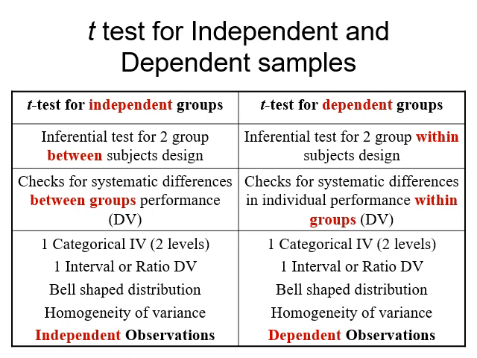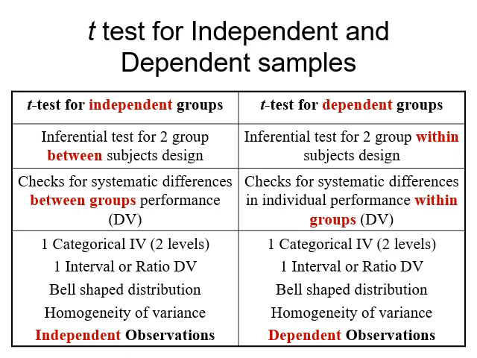We do want to check for systematic differences between the group performances, the DV, so we're looking for simply the difference between the mean of group 1 versus group 2. And our assumptions are that we have a categorical IV with 2 levels, we have an interval or ratio DV, we have bell-shaped distributions, in other words, no violations of kurtosis or skewness. We have homogeneity of variance, and they're independent observations. The groups were not able to influence each other.